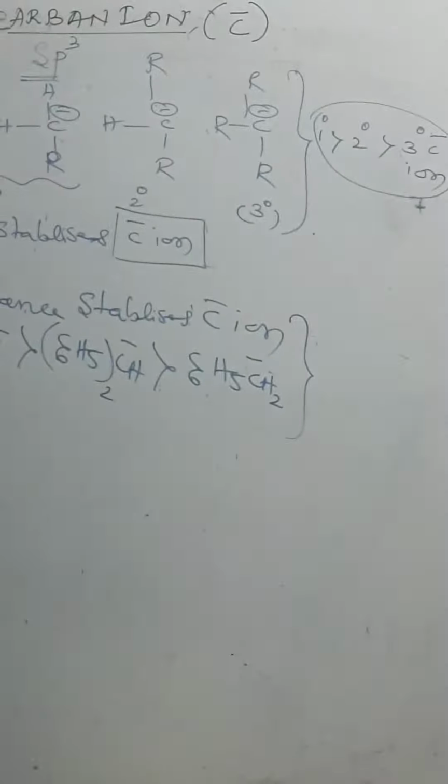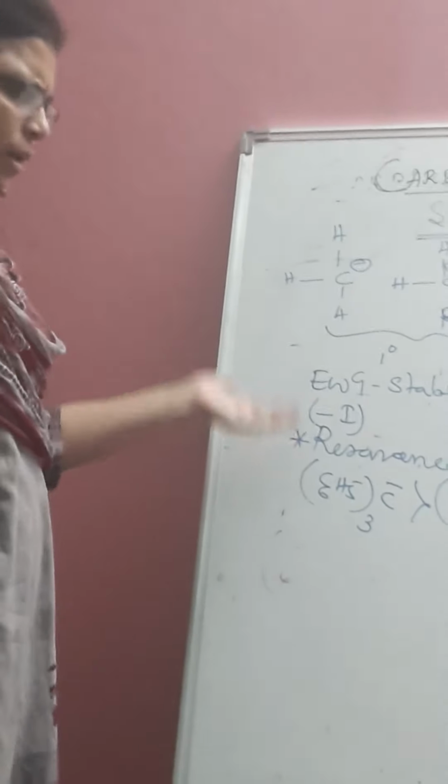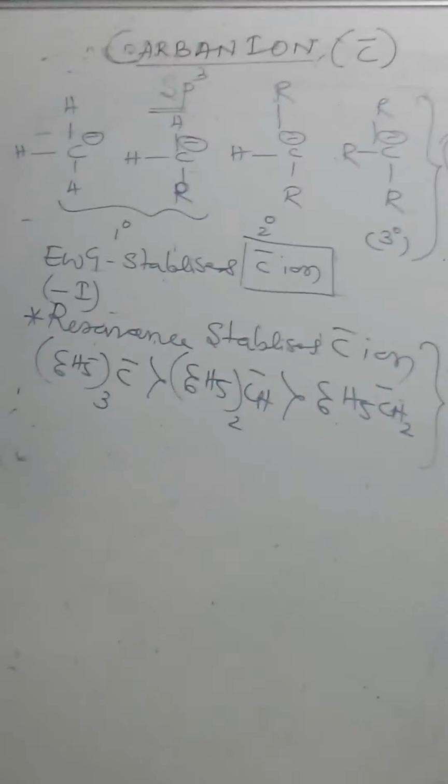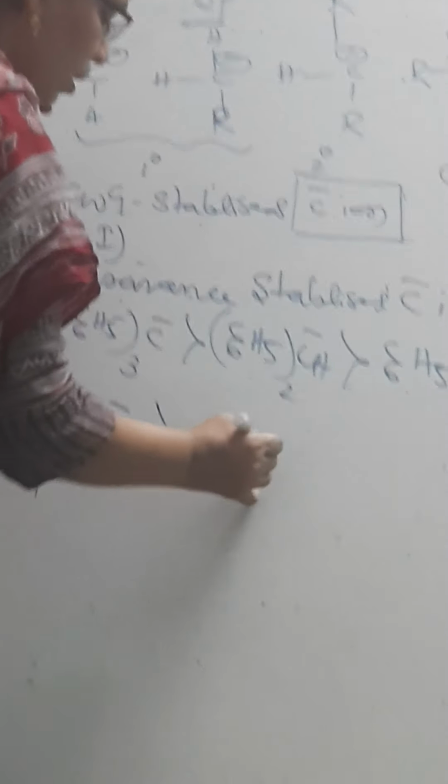This reason is resonance. This reason is negative inductive effect. Same way as we have clubbed in the earlier examples, earlier reactive intermediates, same way we'll club over here. We can write it as benzyl carbanion more stable than allyl.